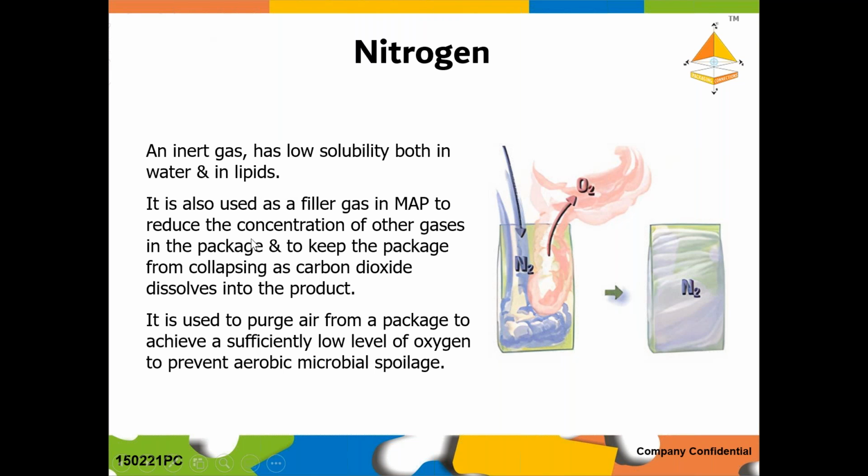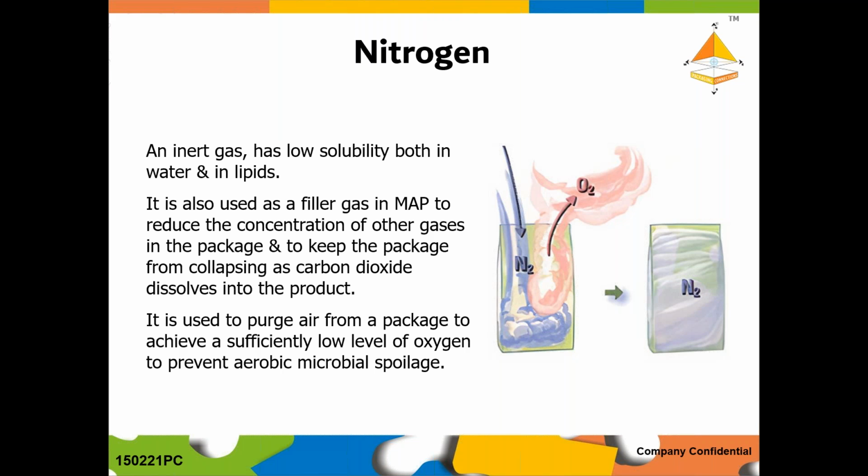Nitrogen is an inert gas with low solubility, both in water and in lipids. It is also used as a filler gas in MAP. If you want to do a vacuum, the whole package will collapse.